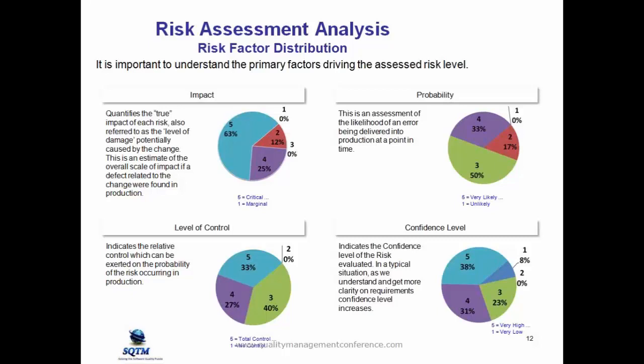So the output of this exercise should be driving your testing priorities, because if, let's say, using that scale of 0 to 20, you have 80% of your requirements that have a risk rating of, let's say, 15 to 20, those are the requirements that you should be testing first because they have the highest risk.